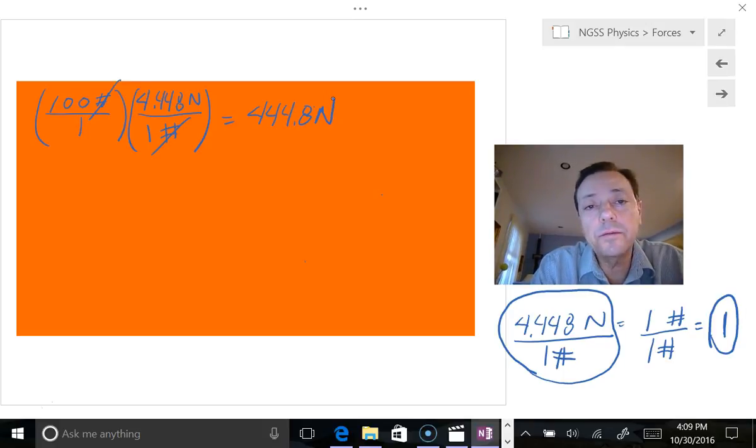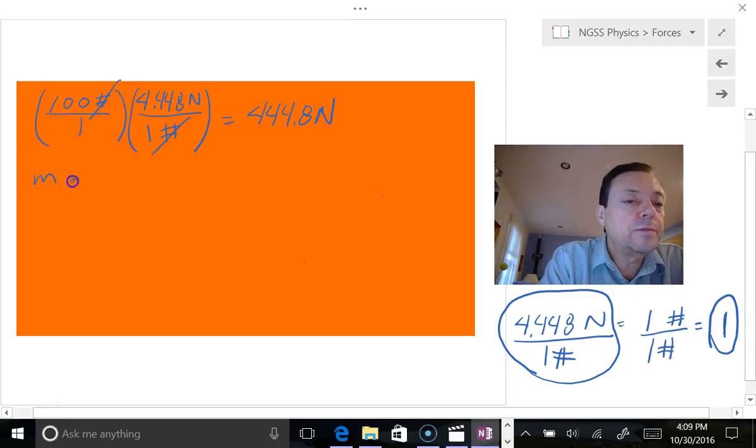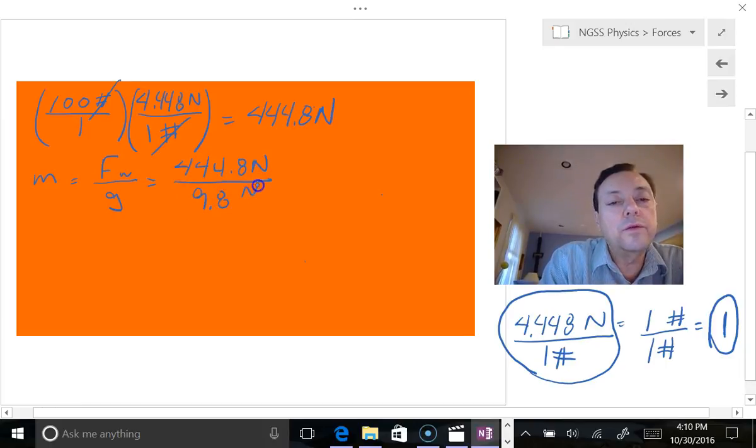Next, we might want to find out how much mass do we have. Well, if we're near the surface of the Earth, and I guess we are, we're going to say that mass is equal to the force of our weight divided by gravity. Force of our weight is 444.8 newtons over 9.8 newtons per kilogram. The newtons divide out, we're left with kilograms.